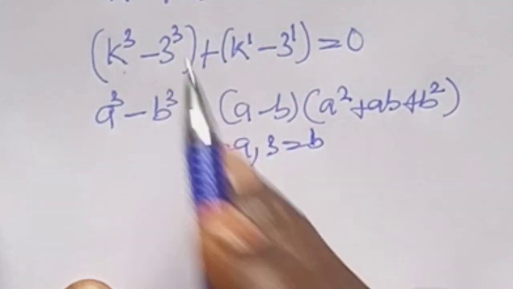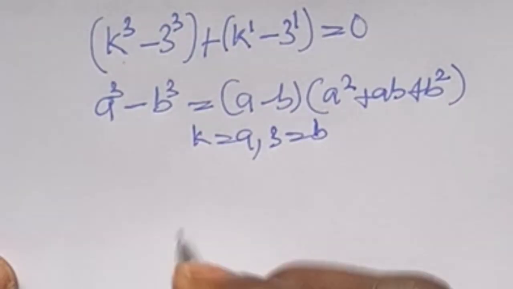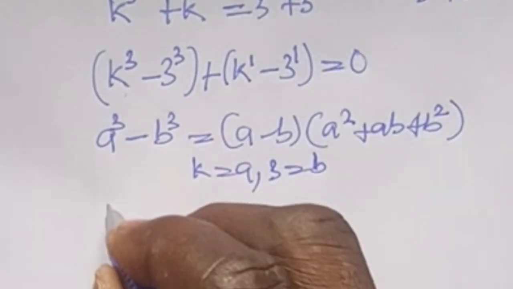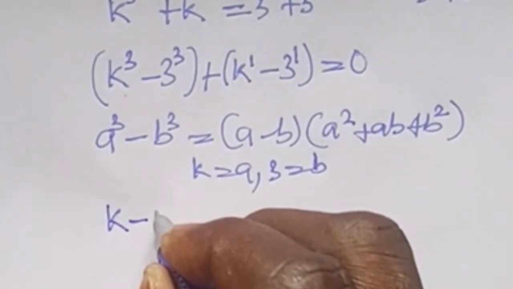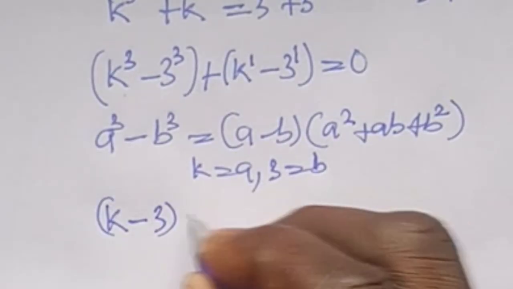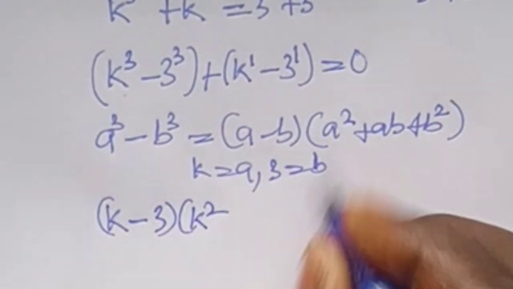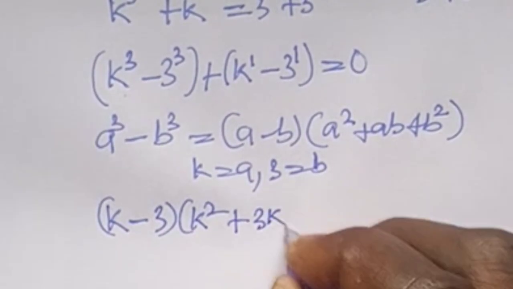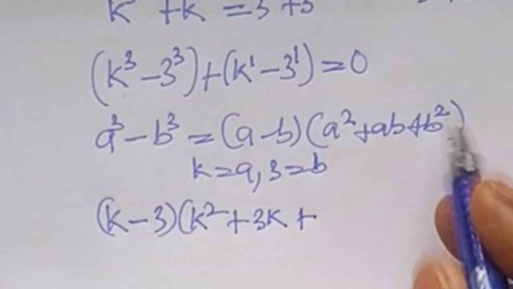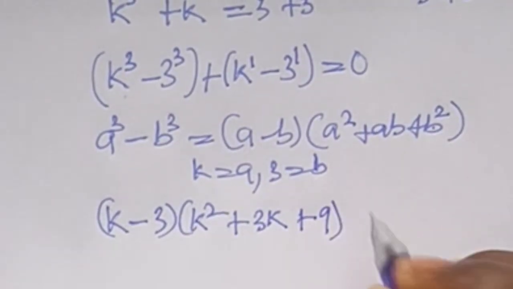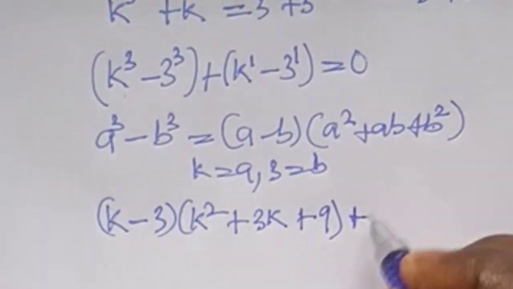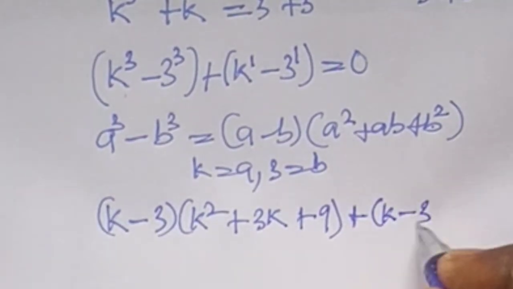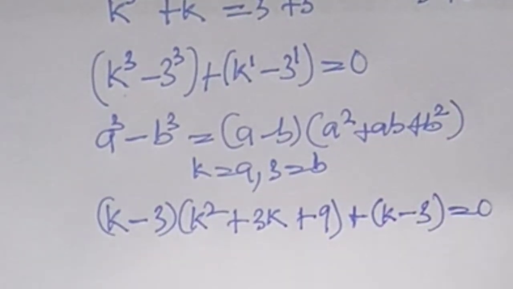Since this is the form of this, the next line becomes k minus 3 into k squared plus 3k plus 3 to the power of 2, that is 9, close the bracket, plus here k minus 3, is all equal to 0.